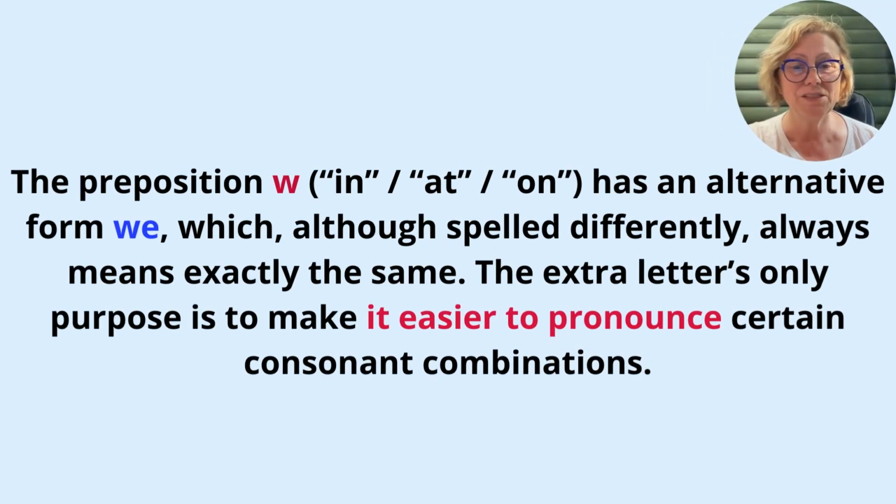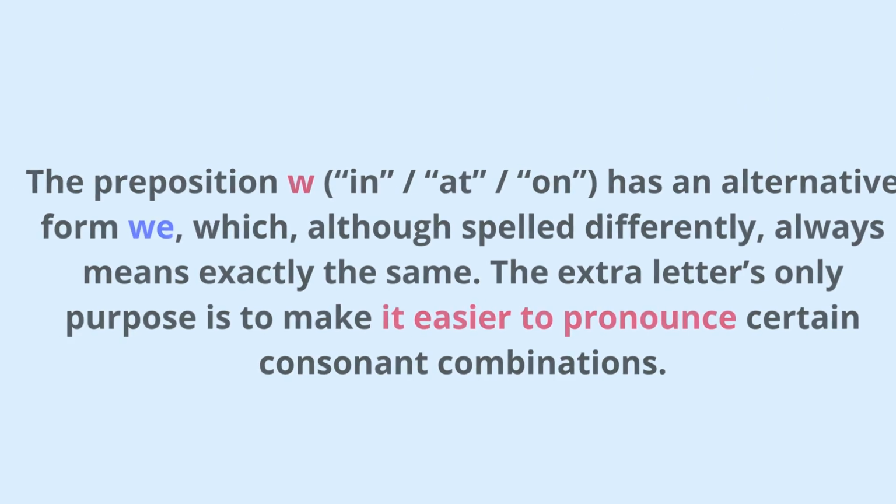The preposition w, in, at, on, has an alternative form we, which although spelled differently, always means exactly the same. The extra letter's only purpose is to make it easier to pronounce certain consonant combinations.